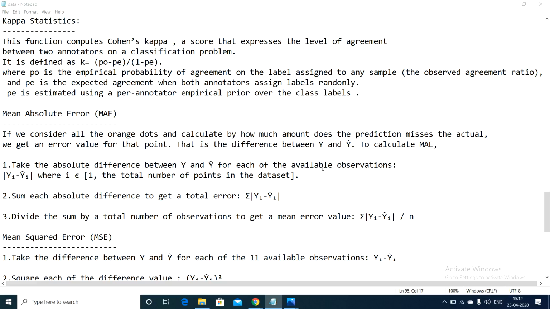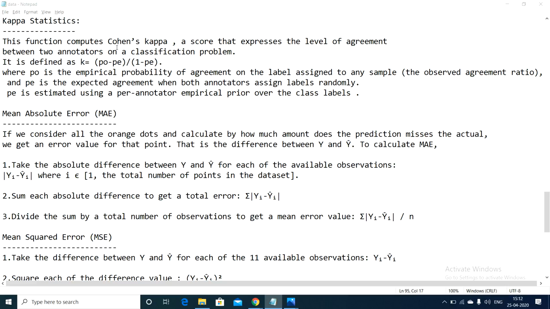If you use that, we will get the values. Now we are just learning about each and every attribute. So kappa statistics is also telling us the level of agreement between two annotators.